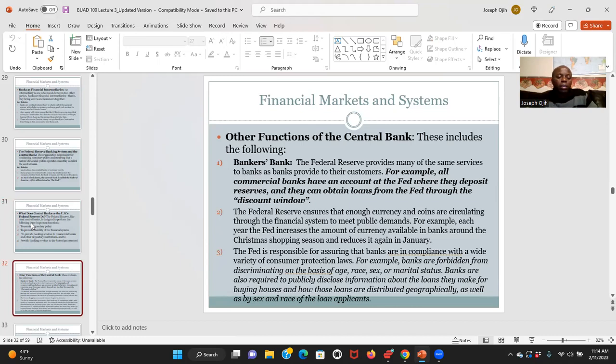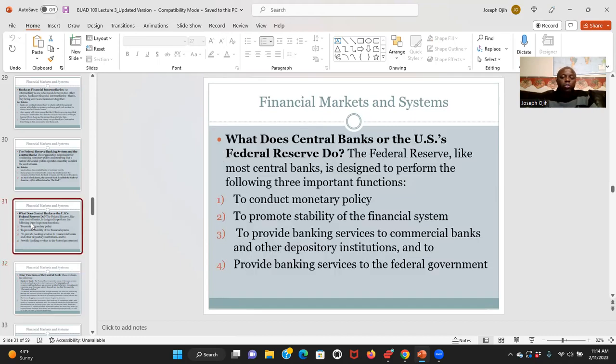Okay, good. So now, remember, I just mentioned the main functions of the Federal Reserve or the central bank: to conduct monetary policy, promote stability of the financial system, and provide banking services to commercial banks.